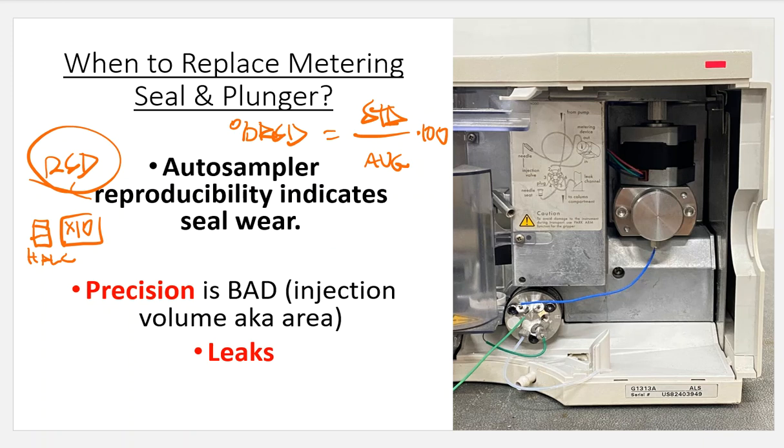And if that value is extremely high, that percent relative standard deviation, we want this value low. If this value is higher than what the company likes, then that means your precision is bad. If your precision is bad, then that means that leaks are probably present. And those leaks can come from a number of different things.